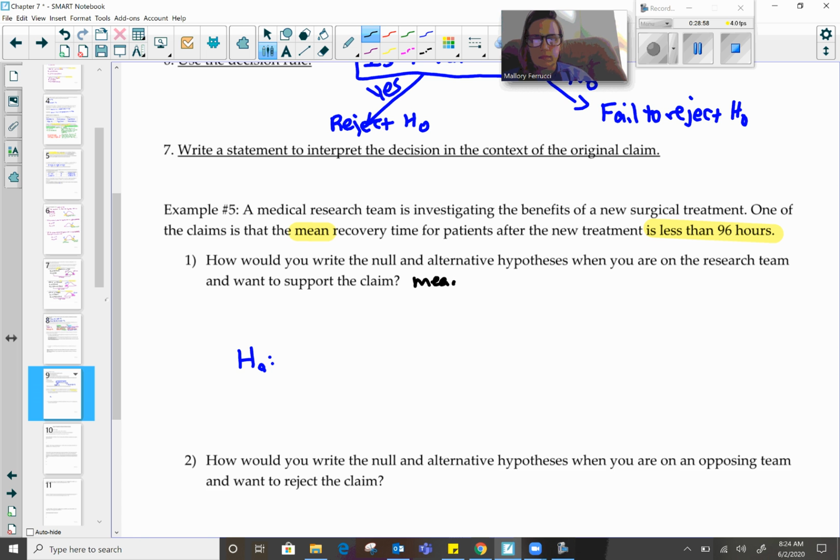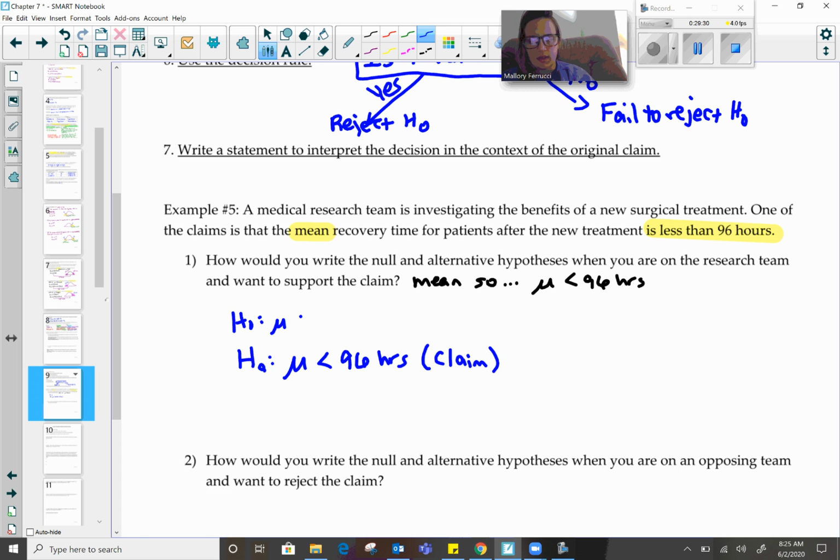It's dealing with mu, and this is less than 96 hours. That's going to be our alternative. That's the claim. Now the null would be that mu is greater than or equal to 96 hours.